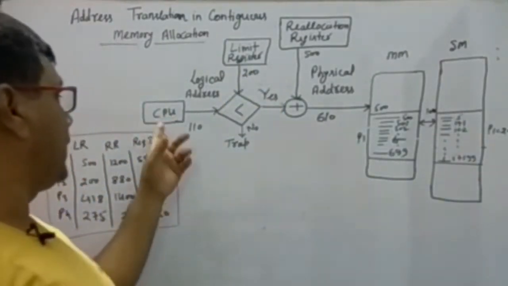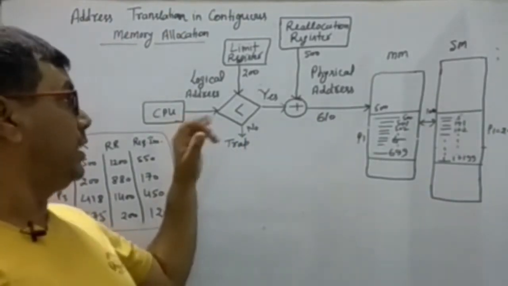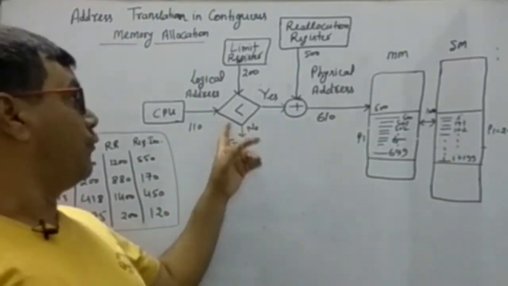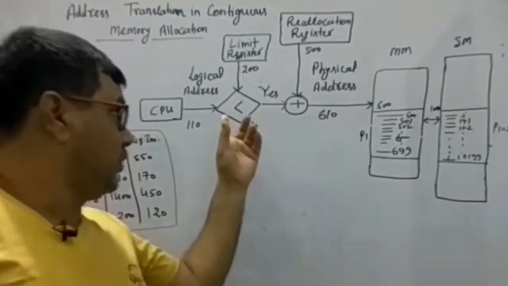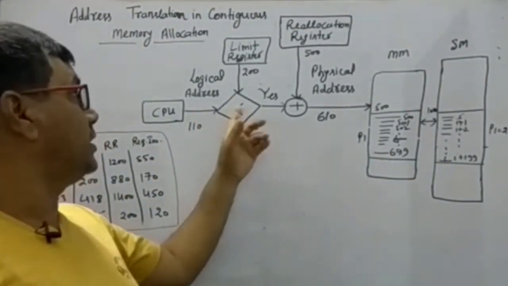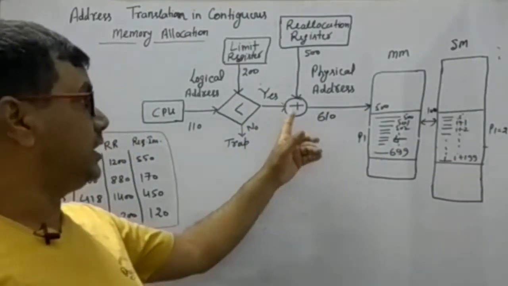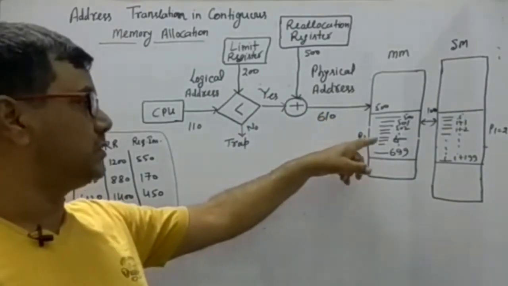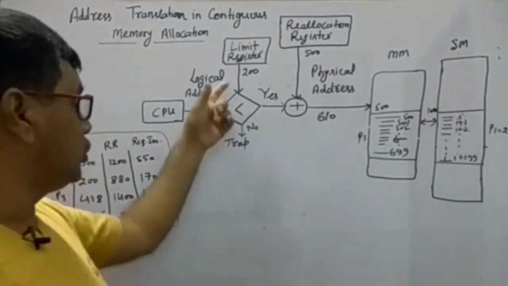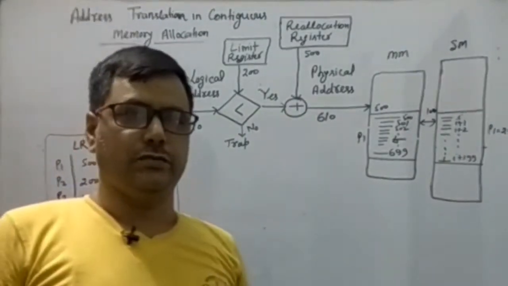So first of all, when any instruction comes and wants to access the main memory, it will first test whether 110 is less than 200 or not. If yes, then it will be added to the relocation register to make a physical address and will be accessed. Otherwise it will be trapped, that means it will be discarded.